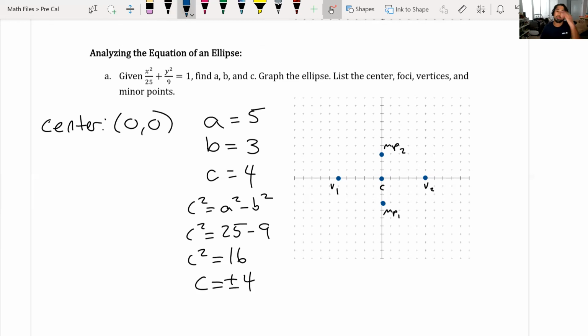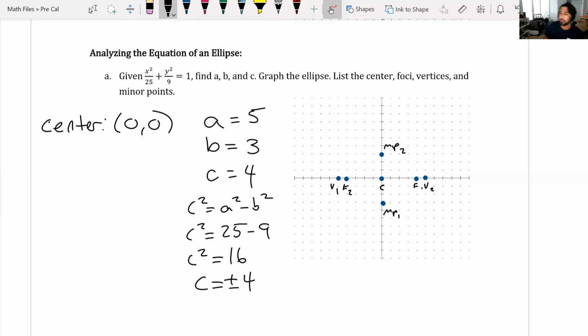And now we know the value of c, which represents the distance from center to focus. So we go right 4, left 4. And there is focus 1 and focus 2.